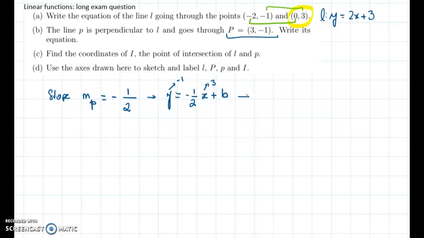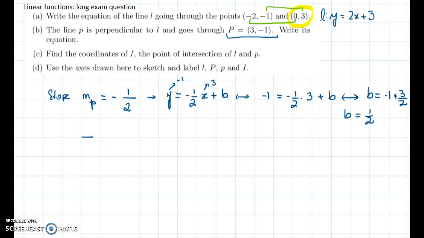So that means that -1 is the same as -1/2 times 3 plus b. And from here we can find the value of b. b is going to be -1 plus 3/2. So b is equal to 1/2.